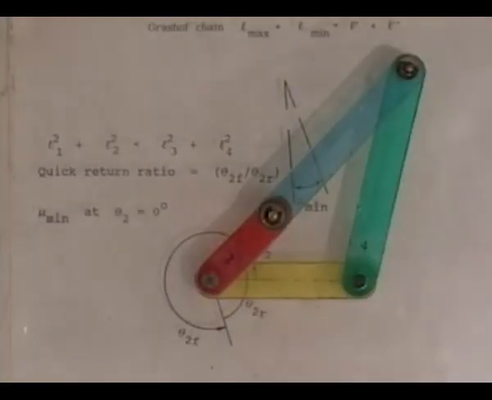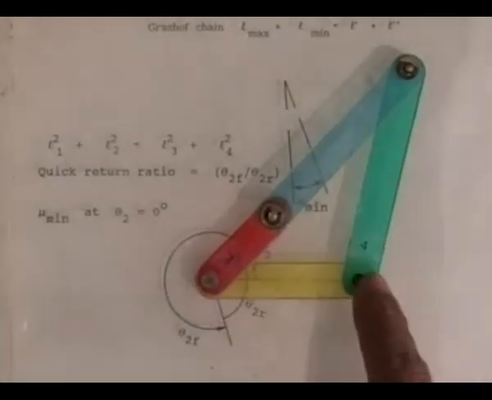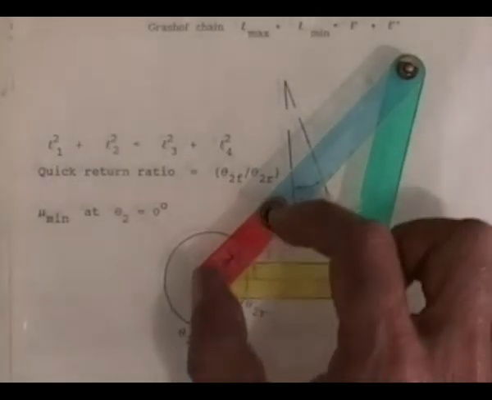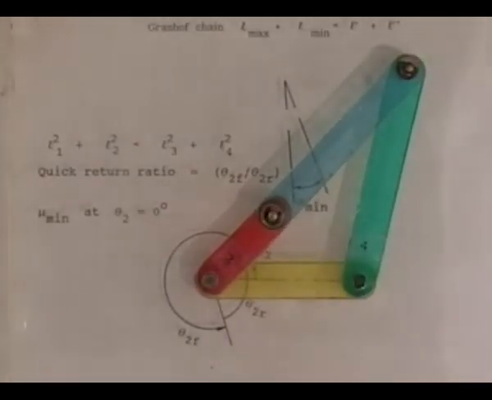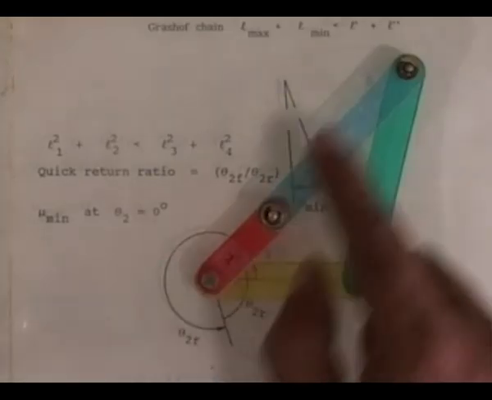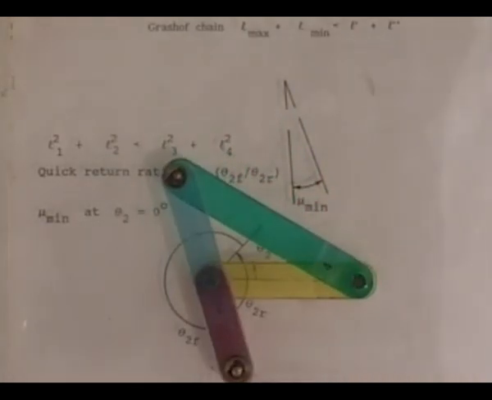Let us now look at another model where again it is a crank rocker linkage, but L1 squared plus L2 squared is much less than L3 squared plus L4 squared. Consequently, the quick return effect will be much more predominant. For example, this is one extreme position and the other extreme position is taken here.